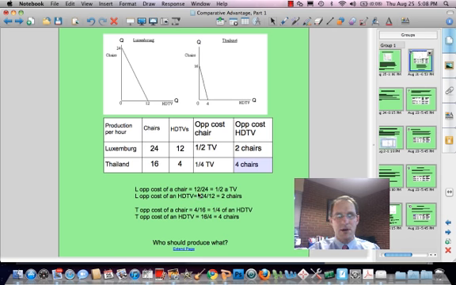Repeating from the prior slide, opportunity cost of a chair in Luxembourg, 1/2 a TV. Opportunity cost of an HD TV in Luxembourg, 2 chairs. Similarly, with regard to Thailand, 4 over 16, 1/4 of an HD TV. Opportunity cost of an HD TV, 16 over 4, equals 4 chairs. Pause here if you need to take a look and work through this math yourself.